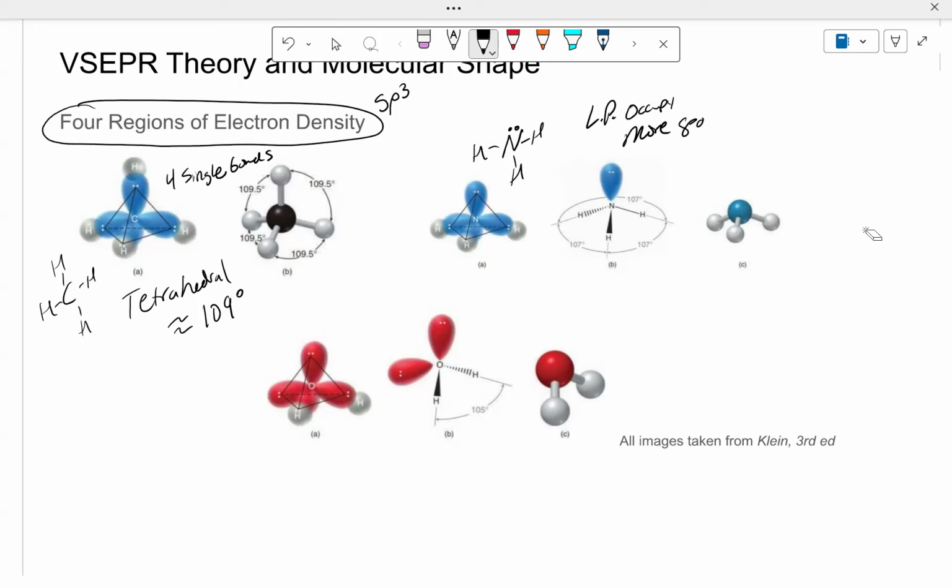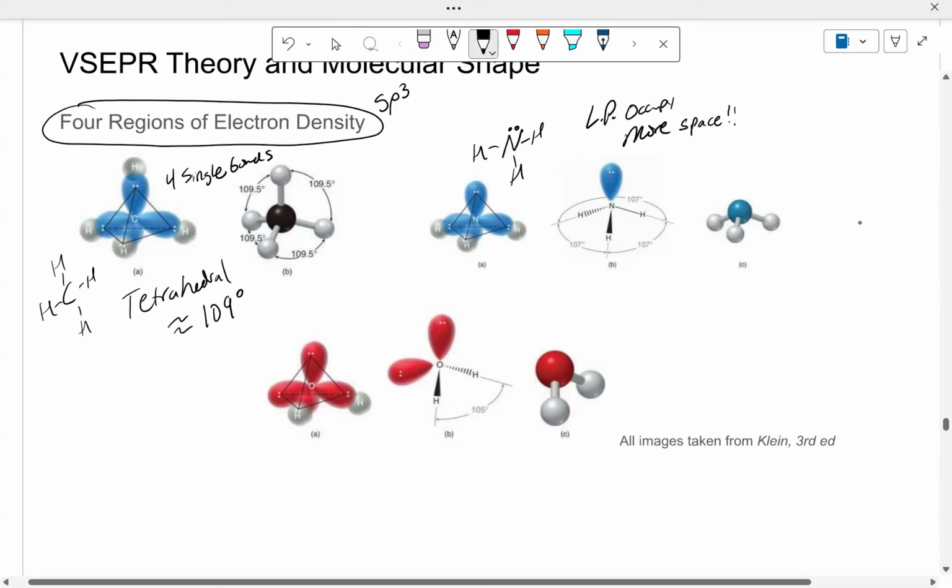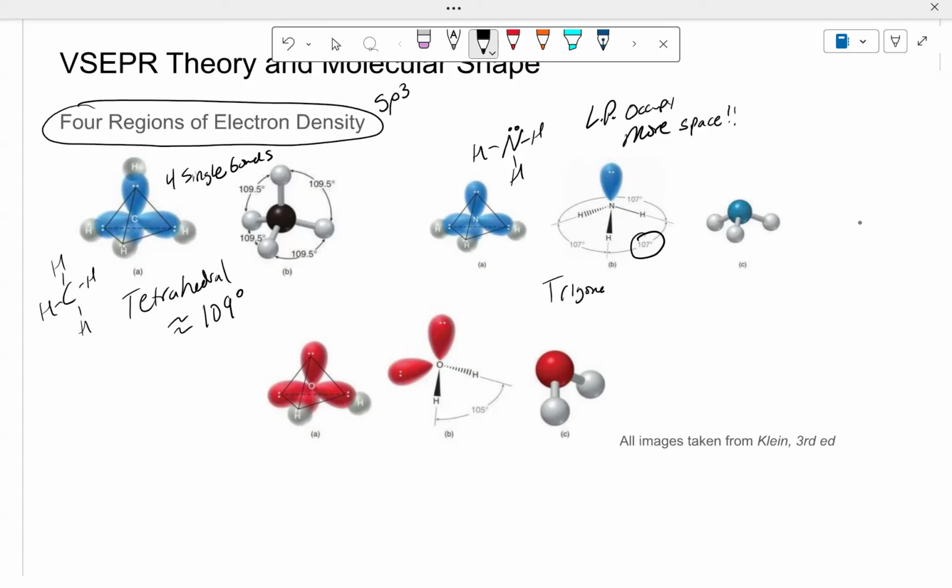And VSEPR theory will predict that that should cause the atoms to want to spread out more because they occupy more space. So the bond angles here in ammonia are a little less than 109. So we designate that with a slightly different shape. We call it trigonal bipyramidal.